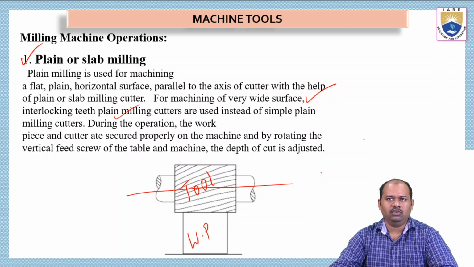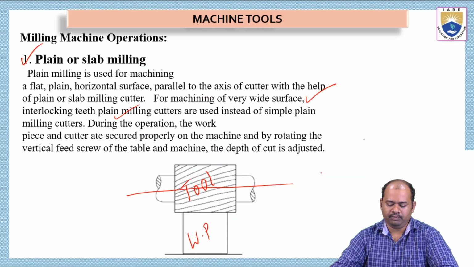Okay, during the operation, the workpiece and cutter are secured properly on the machine, and by rotating the vertical feed screw of the table and machine, the depth of the cut is adjusted.